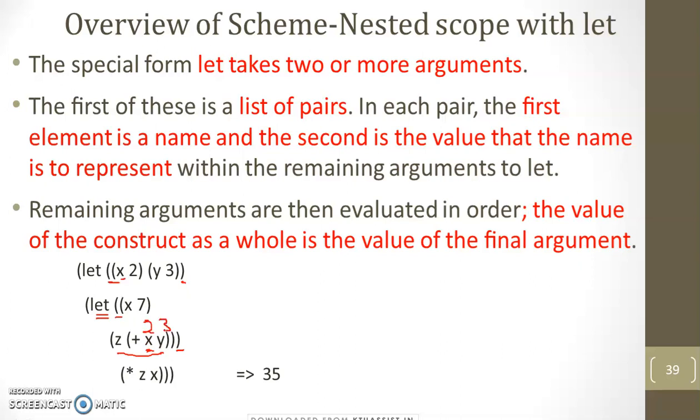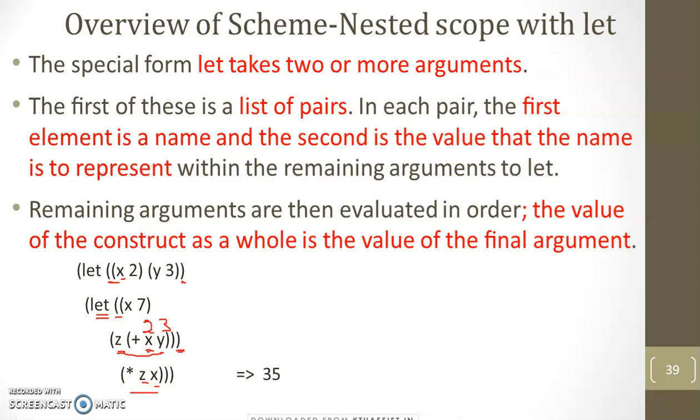In this case, x will be taking the value 2 and y will be taking the value 3. After performing the addition operation, you get the result 5, and then it performs the multiplication operation, star z x. z is the computed value obtained in this let construct, and x is the value bound outside, that is, where the let construct is closed here.